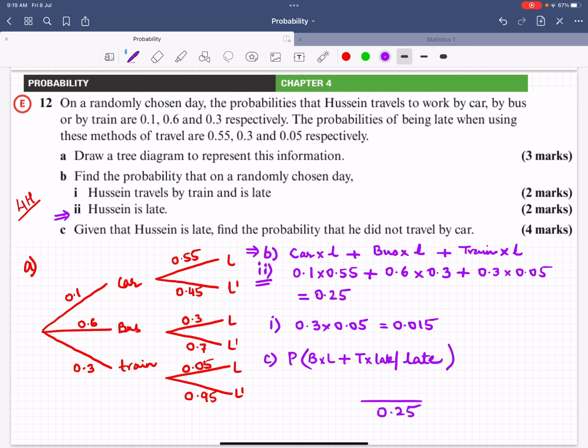Bus and late is 0.6 into 0.3, or train and late is 0.3 into 0.05, and that gives us the answer as 0.78.